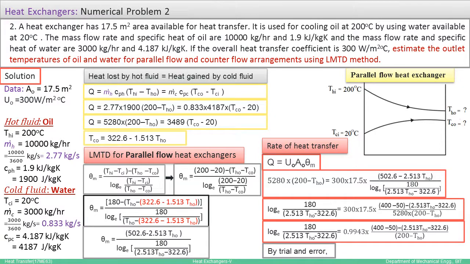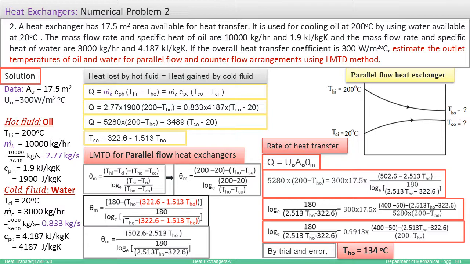By trial and error, you can find that at 134 degrees Celsius applied for THO, the LHS becomes equal to the RHS. So you can say that THO is equal to 134 degrees Celsius.